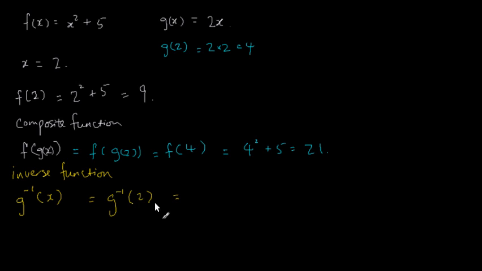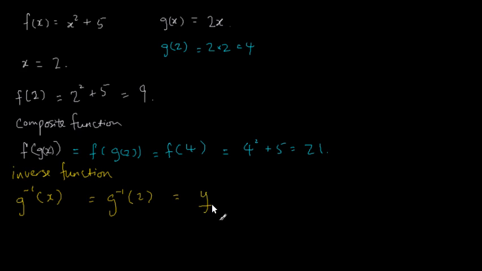What it means is that we want to find the value that would give an answer of 2 when we substitute into the x here. So what value would give an answer of 2 for this function g(x)? To make this clearer, let this be, say, y.